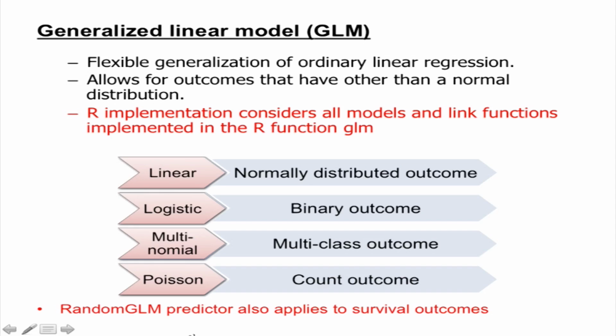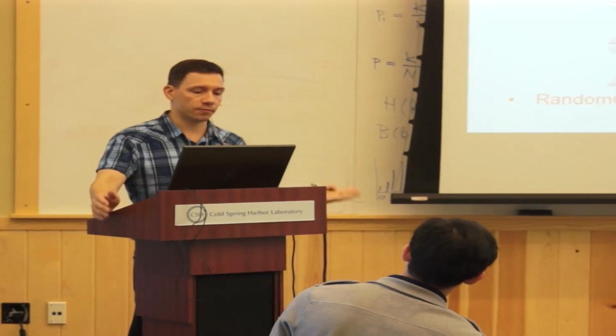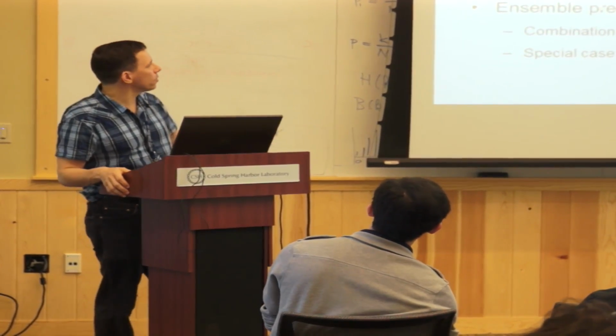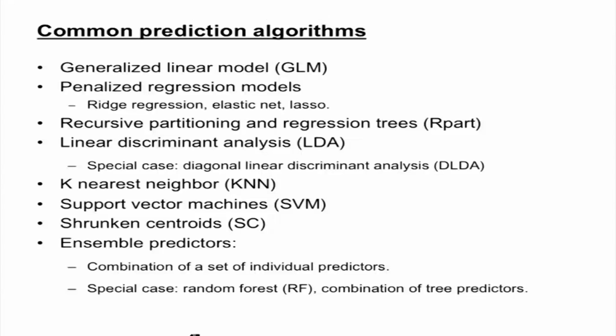Count outcomes, categorical outcomes, quantitative outcomes, and so on. I already mentioned to you many of these alternative approaches that have been developed. For example, just plain old generalized linear models, just logistic regression would be one predictor. Another famous approach is based on penalized regression models.